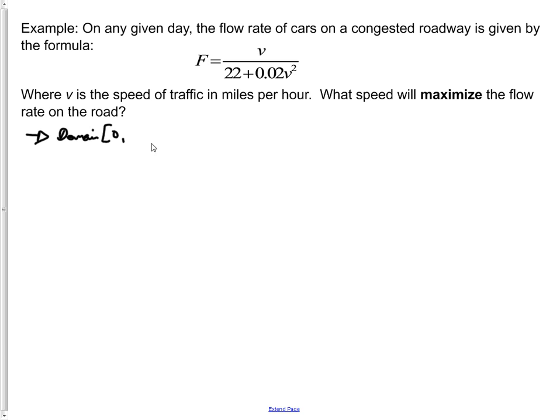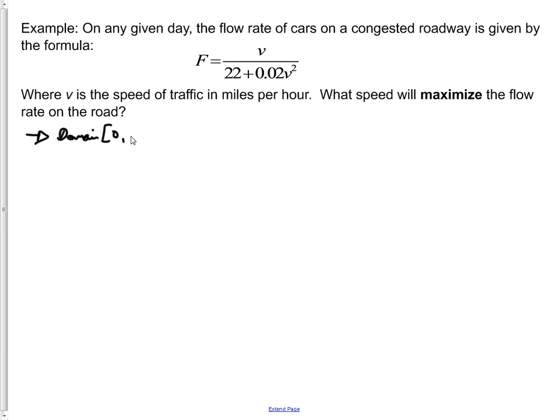Well, we're probably limited by the top speed of the cars that are actually on the road, but for the purposes of our demonstration, we would have to say that unless we find a place where this becomes 0, and the denominator is not going to be equal to 0, right? You recognize that if we were to set the denominator equal to 0, we'd get v squared equal to a negative number, which has no real root.